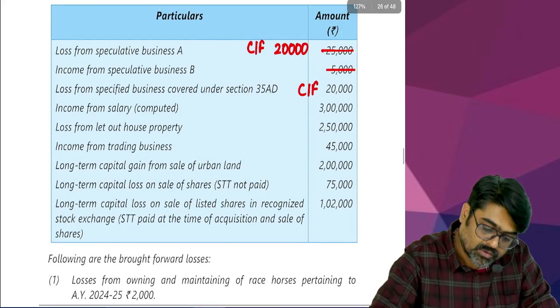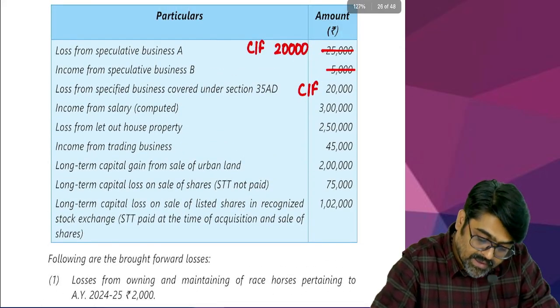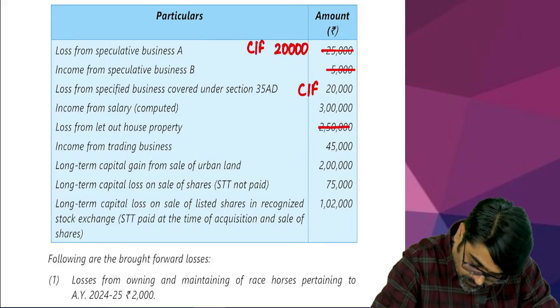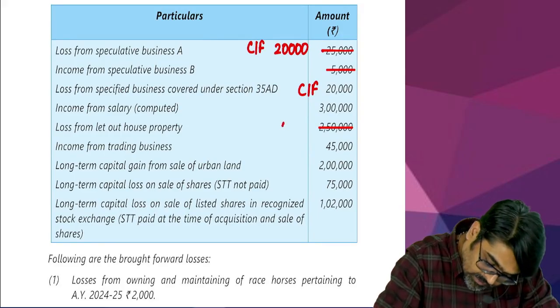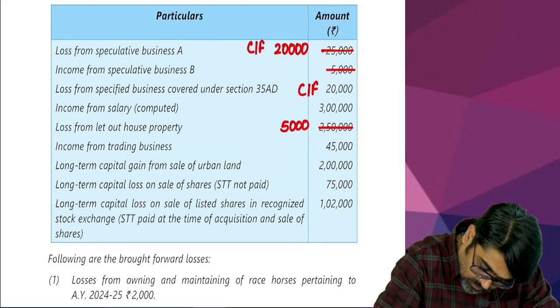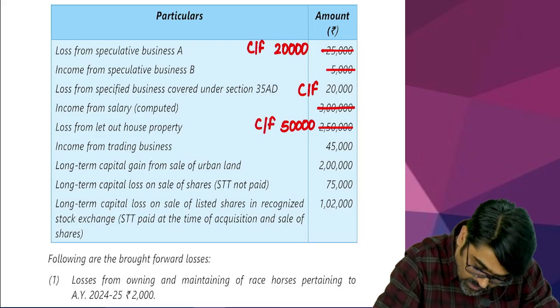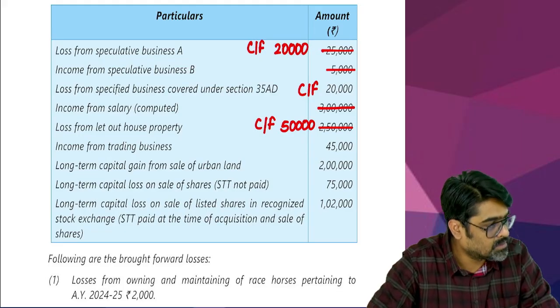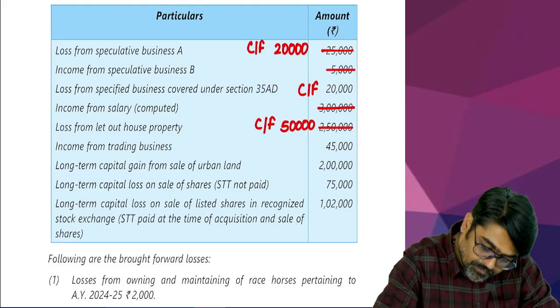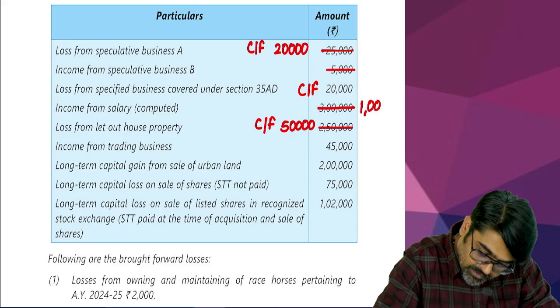Hence, this 2,50,000 can be set off? No. Out of this, 50,000 will be carried forward and only 2 lakh can be set off. Yes or no? So how much will remain? 1 lakh salary will remain. Done, sir?